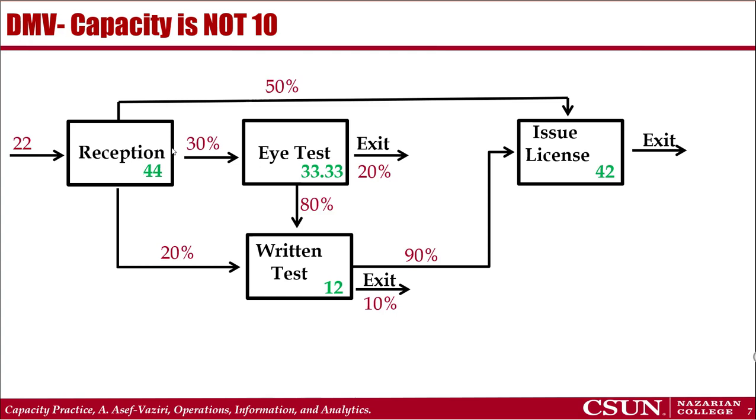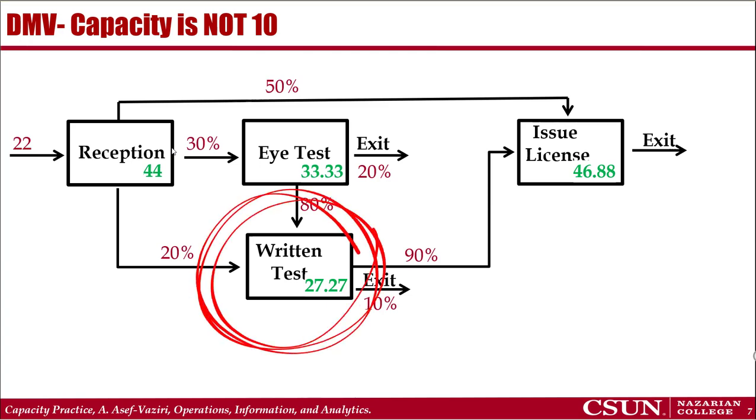In the written test, only 44% of customers go there. Therefore, when the capacity nominally is 12, that's 12 if 12 come over there per hour. Not all those 12 come in, only 44% of 22 come in. Therefore, capacity of this station in terms of the number of incoming clients is 27, and this is the capacity of the last station. And again, here is the bottleneck.